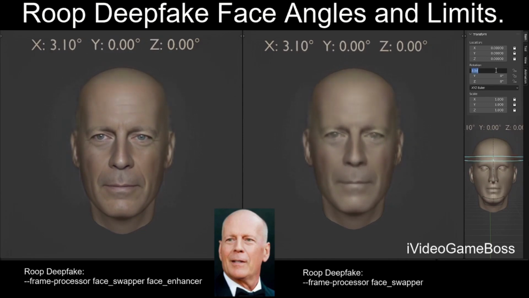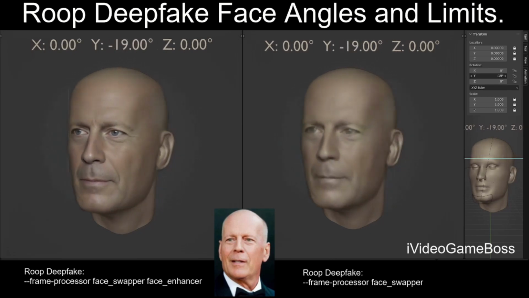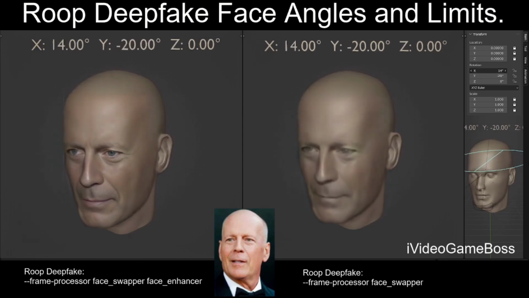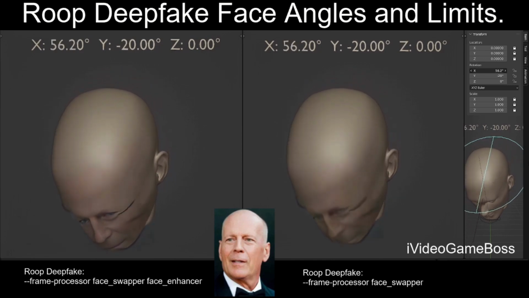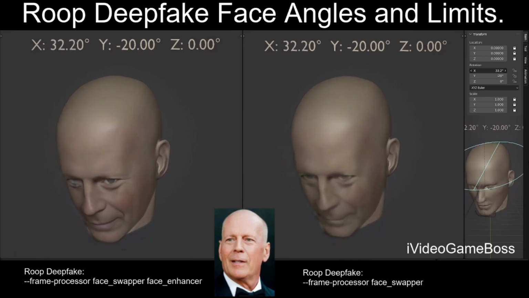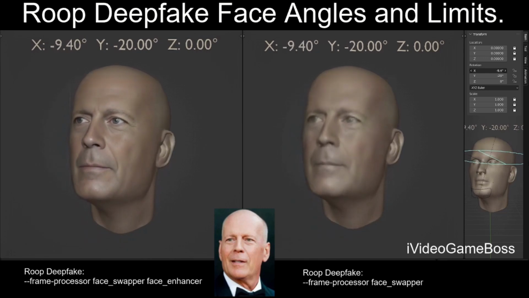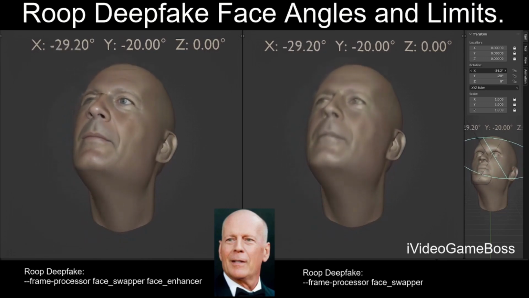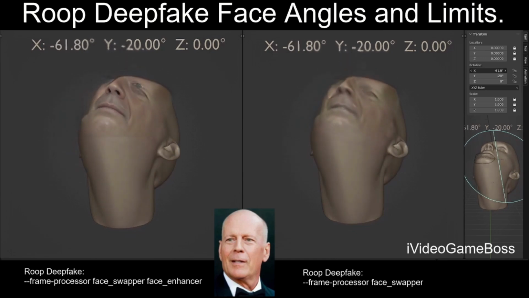Then we will look down and up, and notice that after 30 degrees is when we start to get really weird artifacts. You'll see that it's starting to look weird here, and when we look up and go beyond 30 degrees again, it's going to do the same thing. That's what you want to keep in mind when you are looking to create deepfakes for videos using Roop. How much is the person looking down and up?